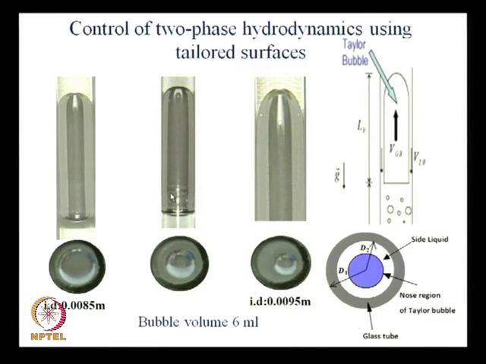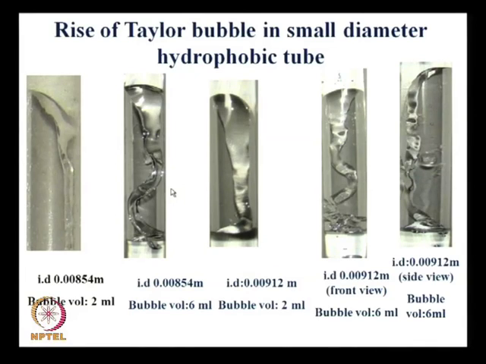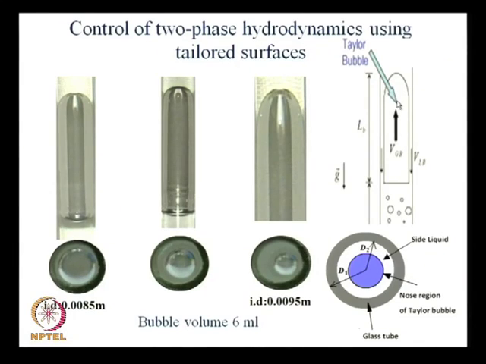Interestingly, when we performed the same experiment with the same pipe diameter in a hydrophobic tube, we found a completely different shape. Why? Because in the hydrophobic tube, the water was not able to wet the tube wall. So, it could not form the film which it forms in this particular case. So, if it does not form the film, how will it flow down? What does it do?